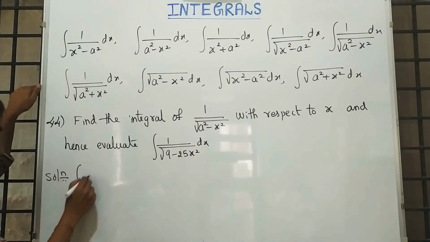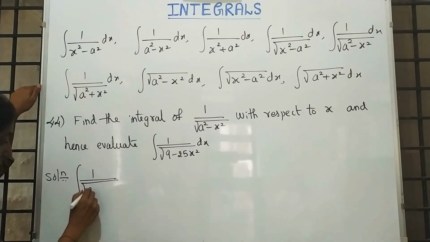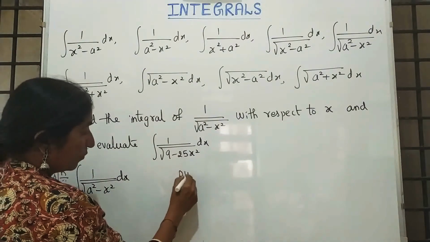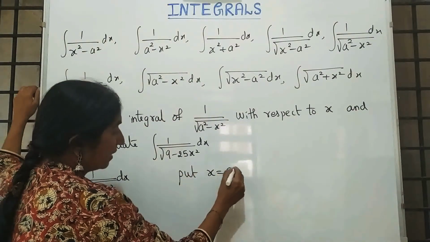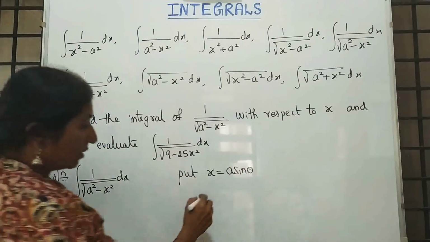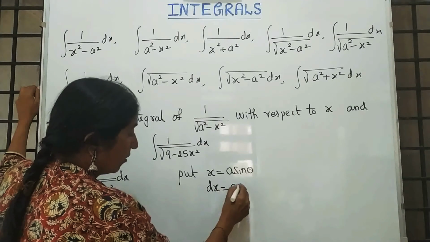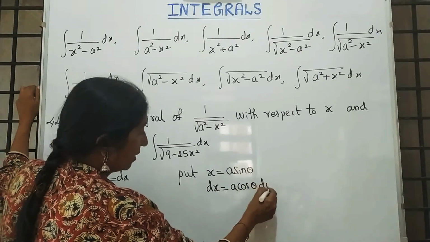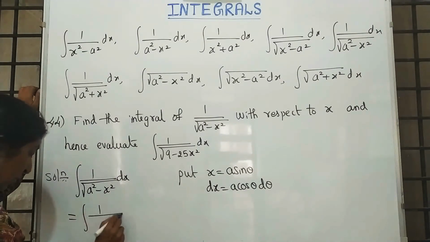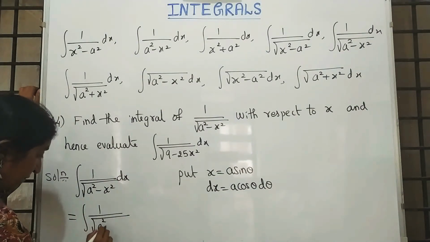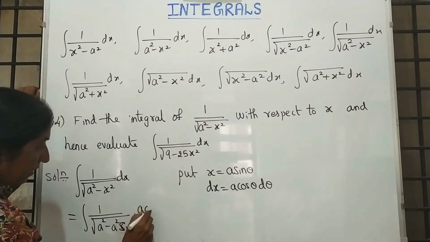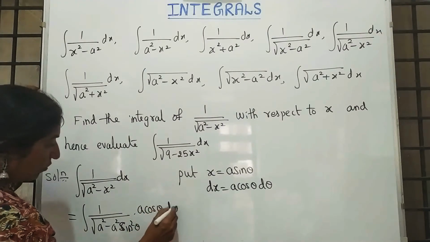Write down the integration of 1 upon root of a square minus x square. Here put x equal to a sin theta. They will not give the answer, they will give only the question. Remember, dx is equal to a cos theta d theta. Whenever you go for a substitution, we have to differentiate. It is 1 upon root of a square minus a square sin square theta, and dx is a cos theta d theta.